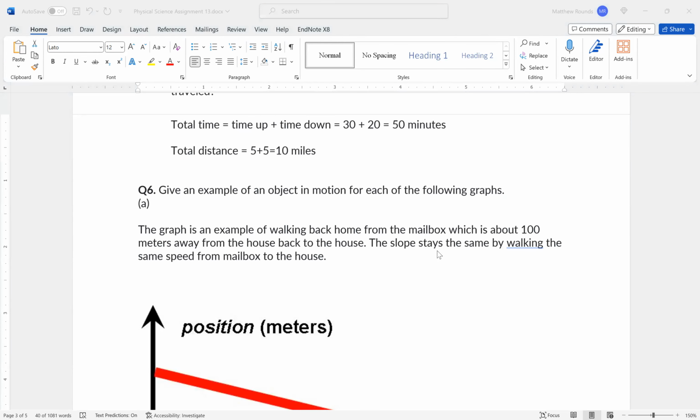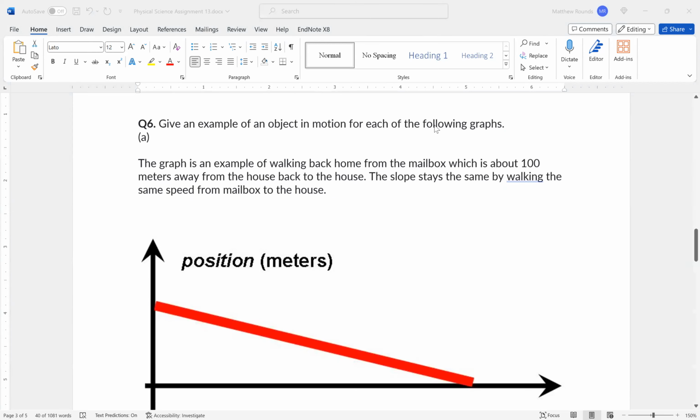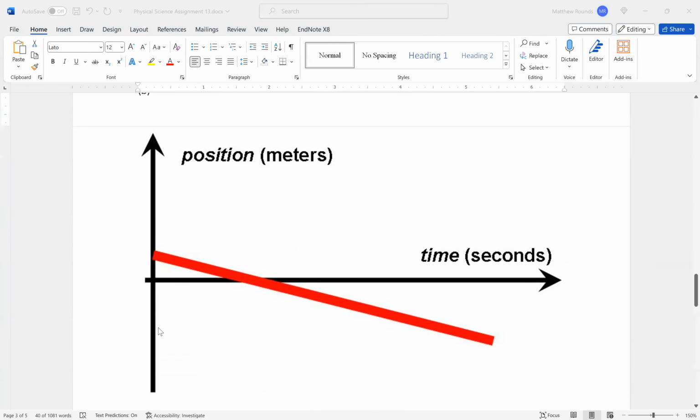So in this next graph, it kind of looks like the first one if you just focus in on this portion here on the left, but then it goes down below.